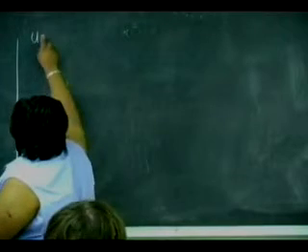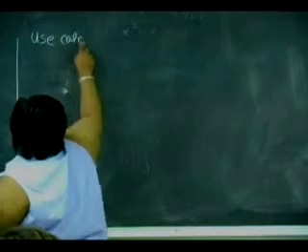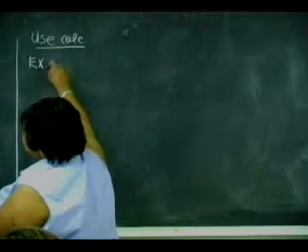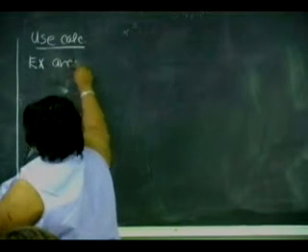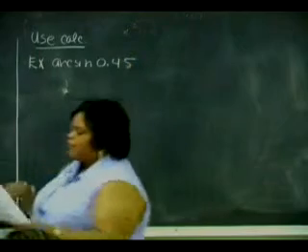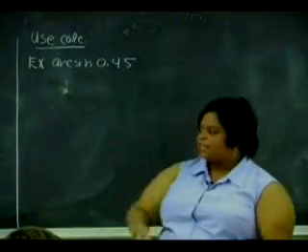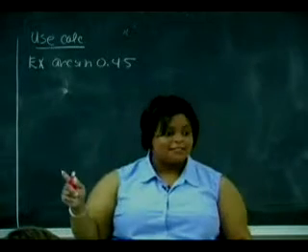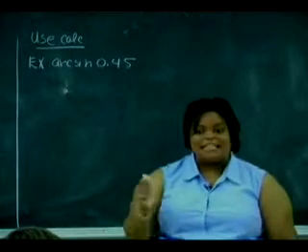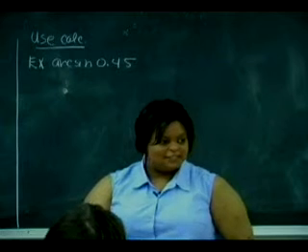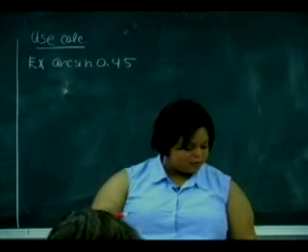So now, let's use our calculator to evaluate arc sine 0.45. Now, first of all, notice these arc sine, arc cosine, arc tangent are defined for what? Radians. So your calculator needs to be in radian mode. Okay? Needs to be in radian mode.